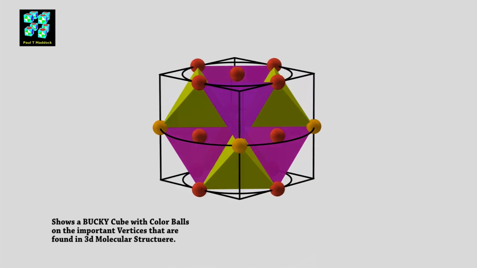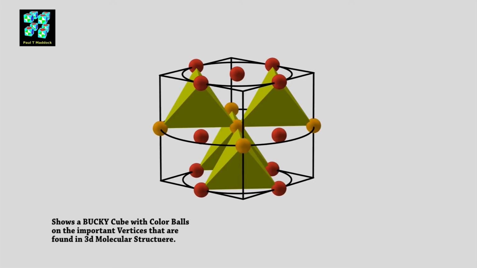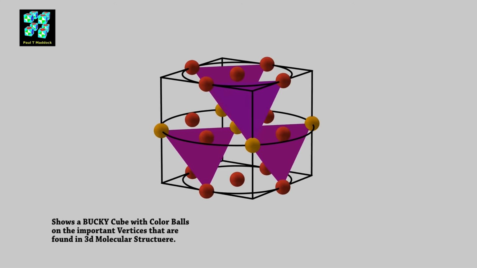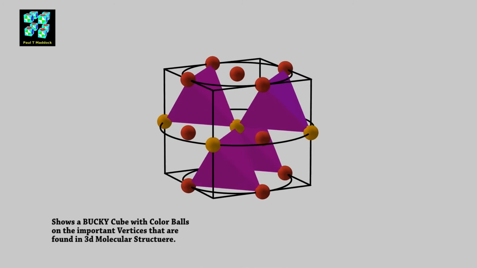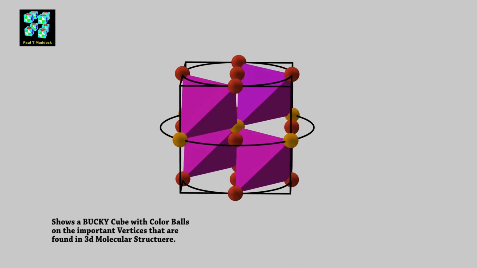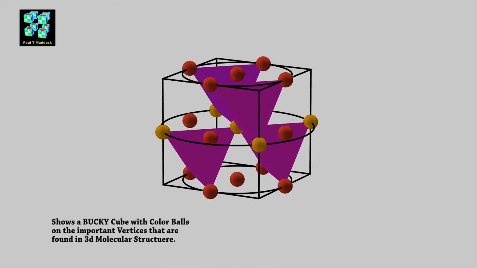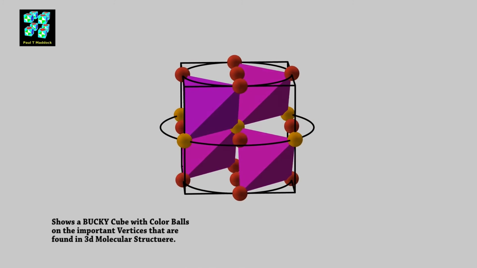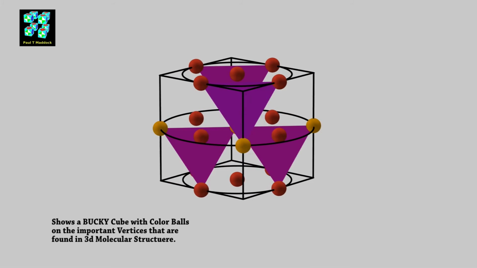Okay, this can now break down to 4 yellow tetrahedrons, and then it'll break down to 4 purple tetrahedrons. I think anybody that's interested in a molecular structure, a chemist and stuff like that, should take an interest in this 3D geometry. You can't do this with chaos.